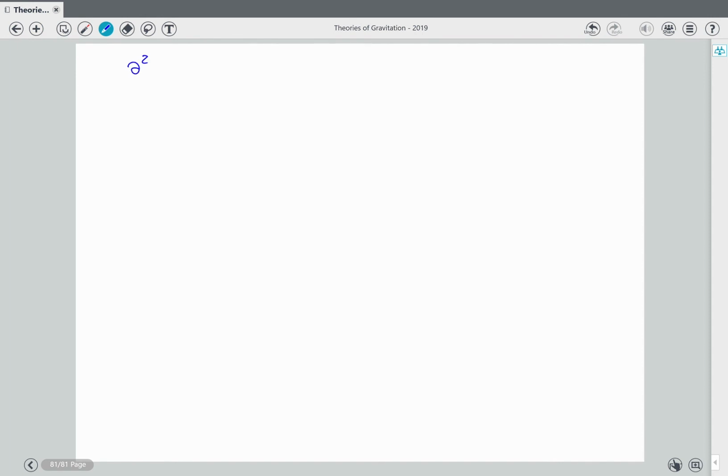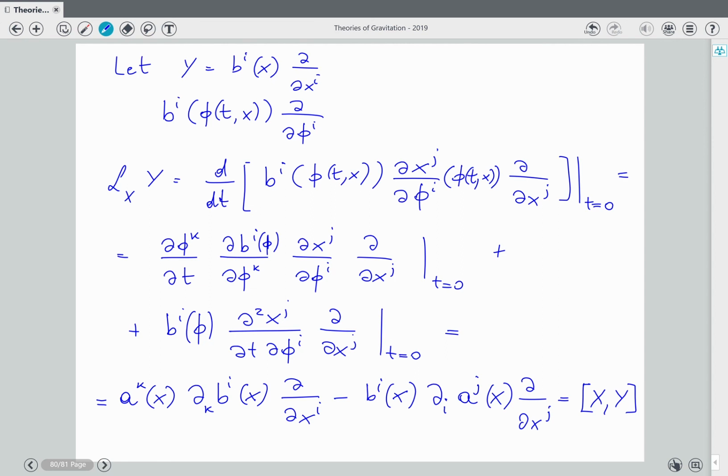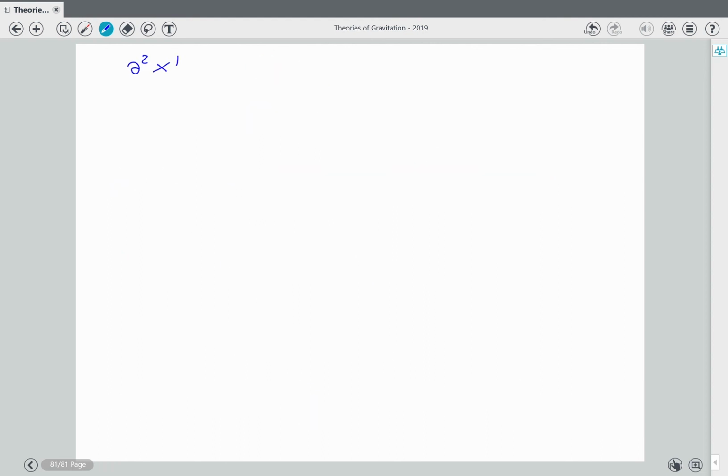So the second partial derivative of x_j, divided by partial t partial phi_i, equals, for t equals 0, minus partial_i a_j of x.